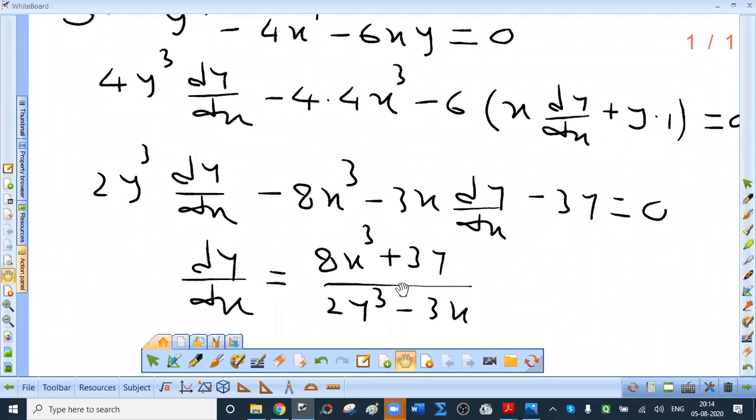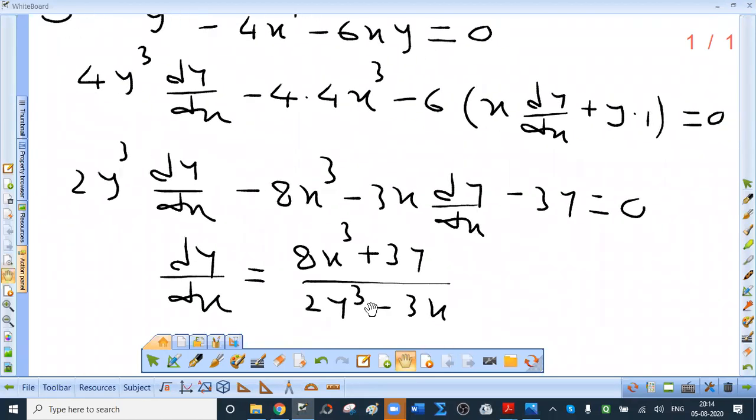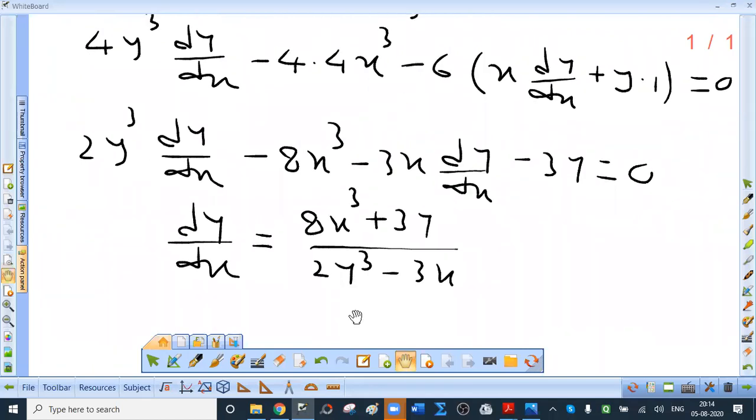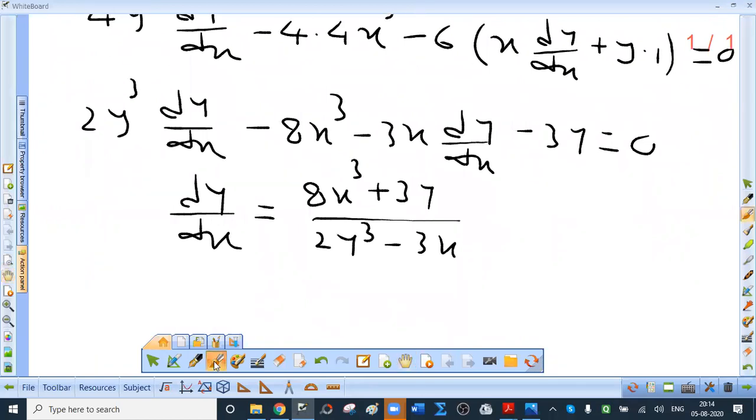You will notice that dy/dx comes out to be (8x cube plus 3y) upon (2y cube minus 3x). Now at which point we have to find the derivative? At (1, 2).